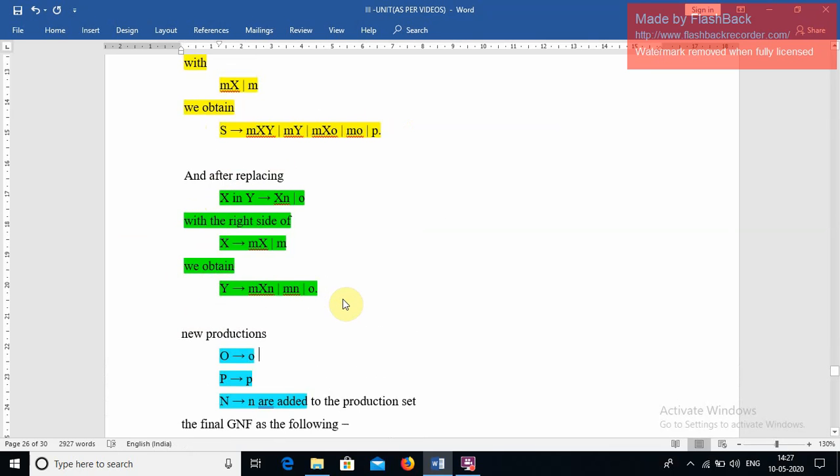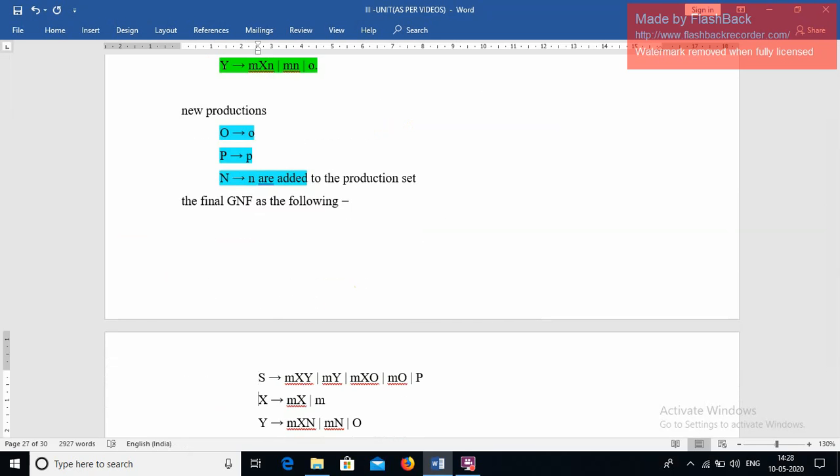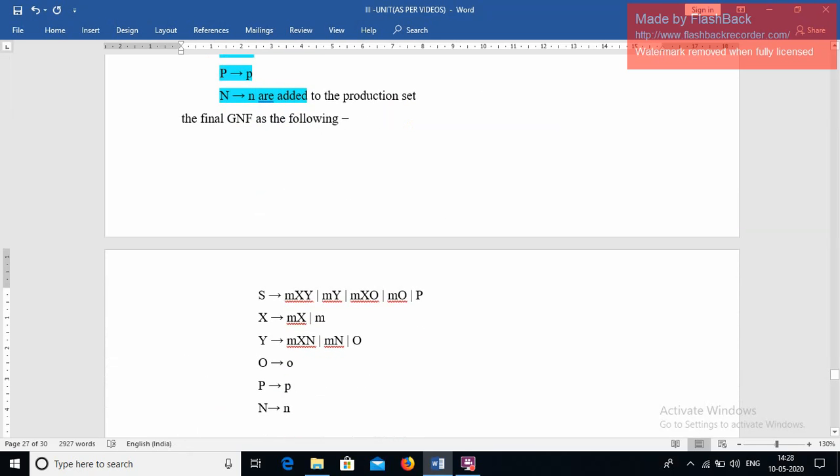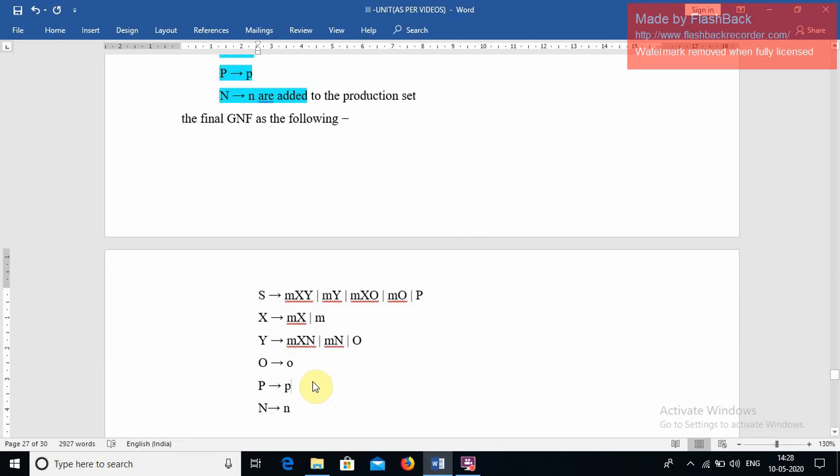Okay, now the finalized GNF, this one. Now you can look at this grammar, whether it is in the GNF format or not. So what is actually the GNF format? One non-terminal to terminal alone, and one non-terminal to terminal with any number of non-terminals. Okay, so let's see.